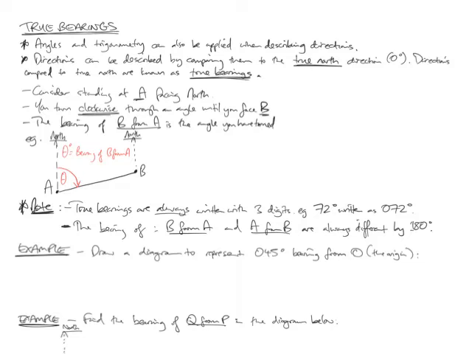So if we were to say this was 72 degrees, for example, that 72 is B from A. What's the bearing going to be A from B? Well, you're going to have to turn clockwise, facing north from B, and they're always going to be 180 different.